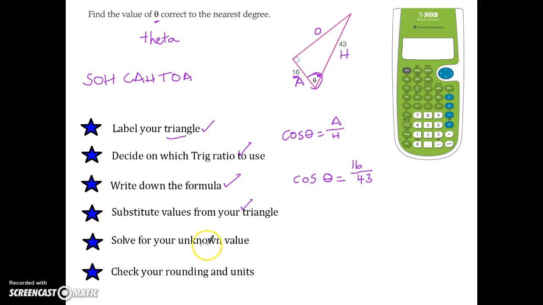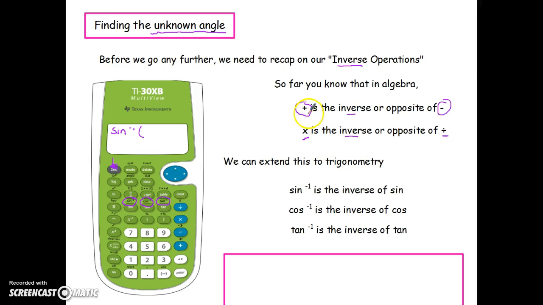So we've done that. Now solve for the unknown value. The unknown in this case is that theta. That's what we want to find. This is our unknown. So we need to get rid of our cos. To get rid of something in algebra, as we discussed, we use the inverse operation. If it was a plus and we needed to get rid of it, we would take it away.